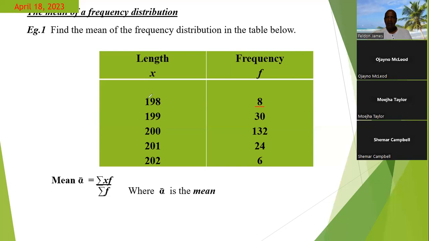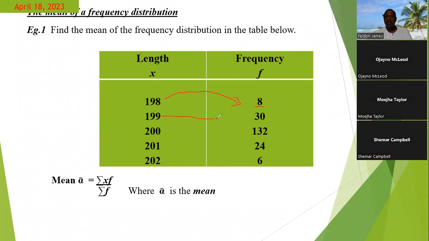So if you multiply 198 by 8, that will give you the sum of the 8 values of 198. And if you multiply 199 by 30, that will give you the sum of the 30 199 values, and so on. So to get the sum of each of these values, we first multiply them by their frequencies.